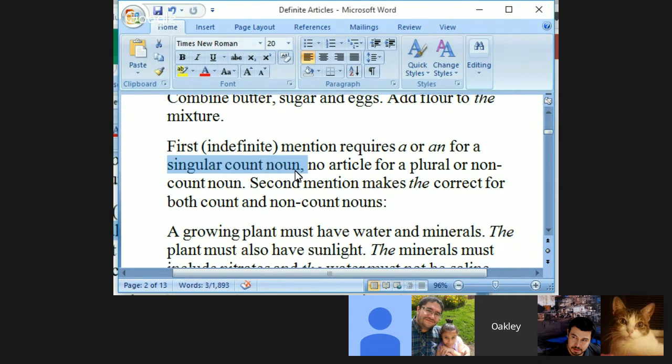Very simple and very direct, no exceptions. Uncountable nouns simply cannot ever use a or an. Okay, so it's important when you learn vocabulary nouns to understand if they're countable or uncountable. Can be tricky because there are many nouns that can be countable or uncountable.